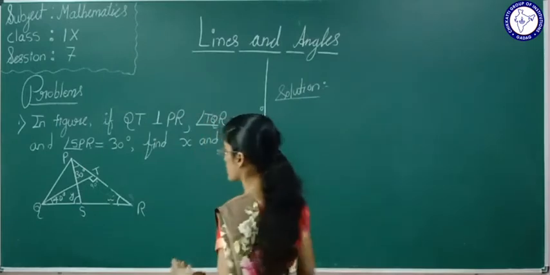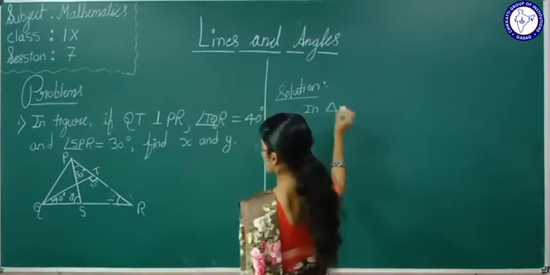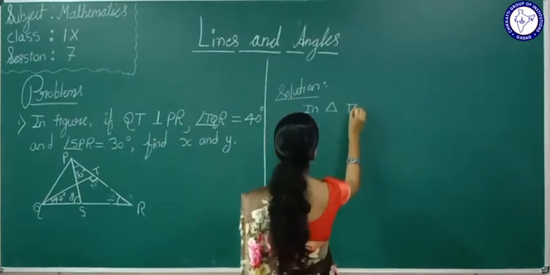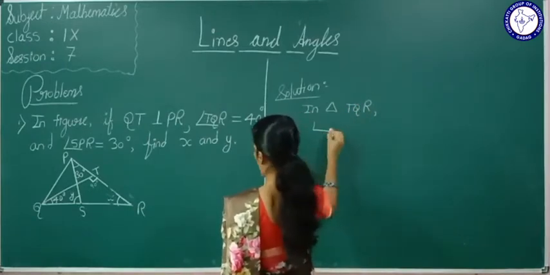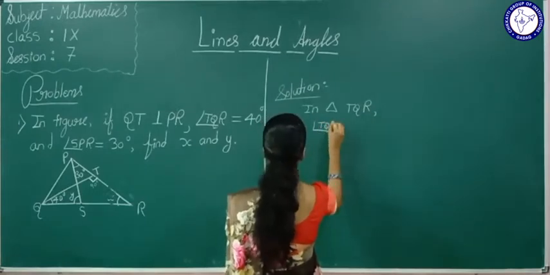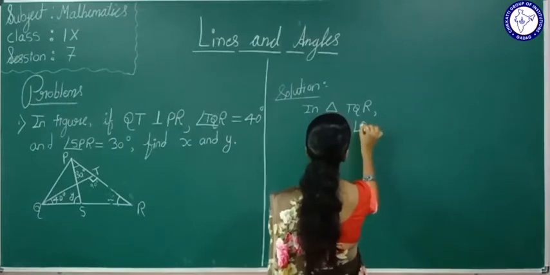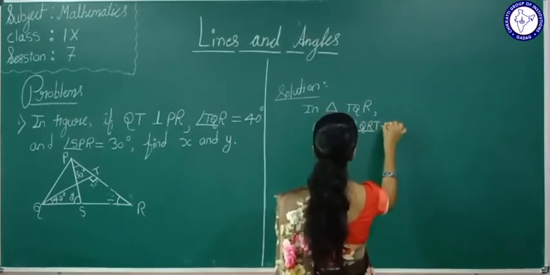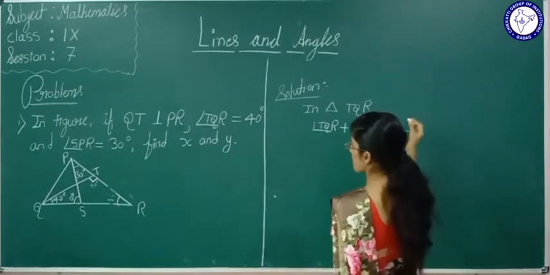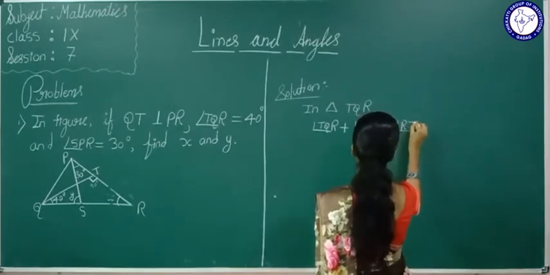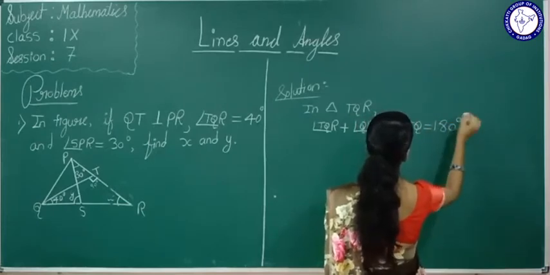Now see here, in triangle TQR, angle TQR plus angle QRT plus angle RTQ is equal to 180 degrees.